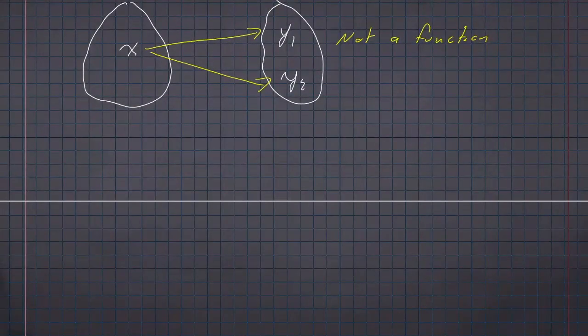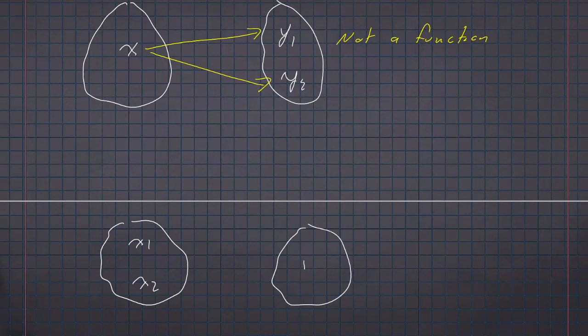But if you have a relation that takes multiple x values and sends them all to the same y value, then you still do have a function.